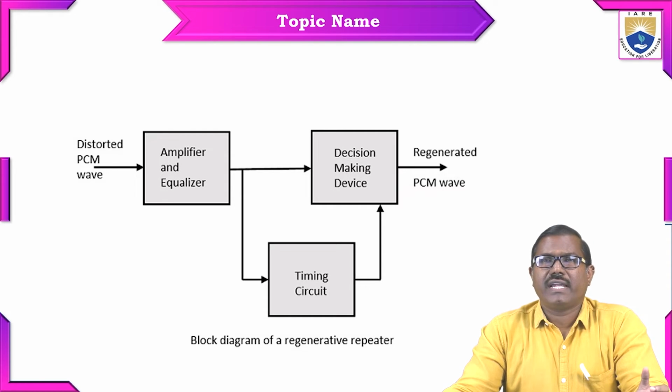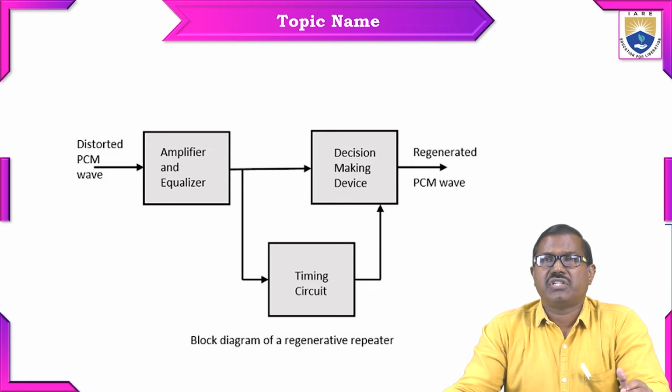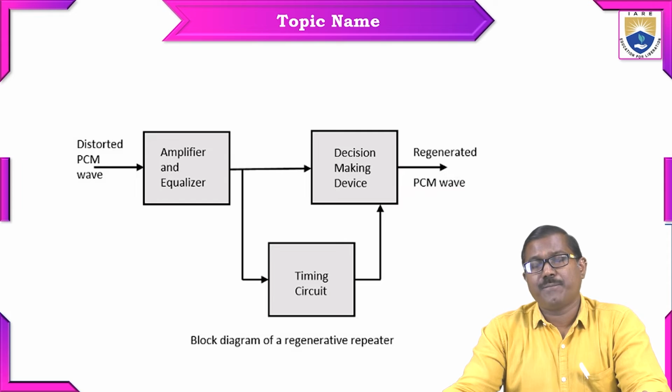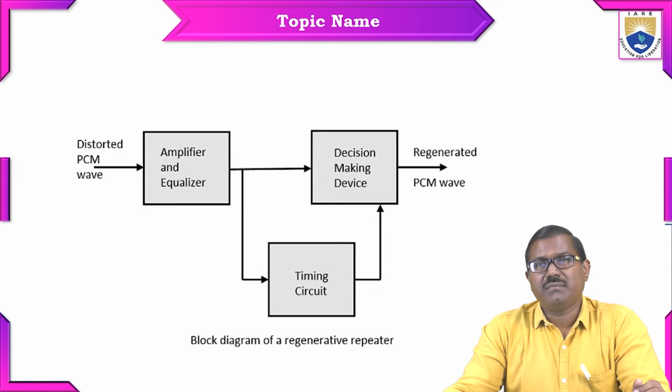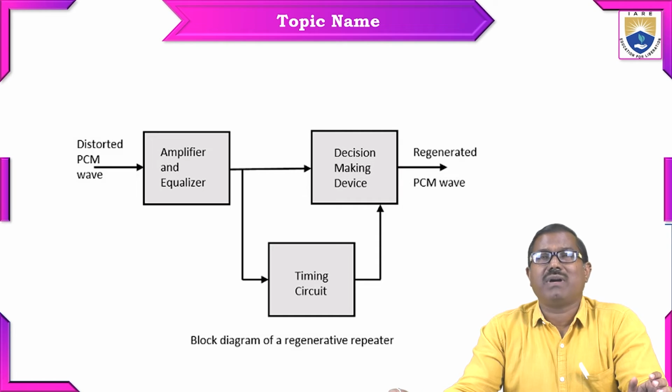Here a periodic pulse train is used for comparison with these incoming pulses, and the decision is taken by comparing those two signals. Why? In PCM, the signal is represented by a sequence of coded pulses.